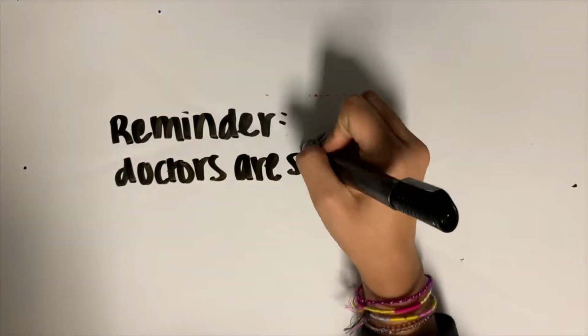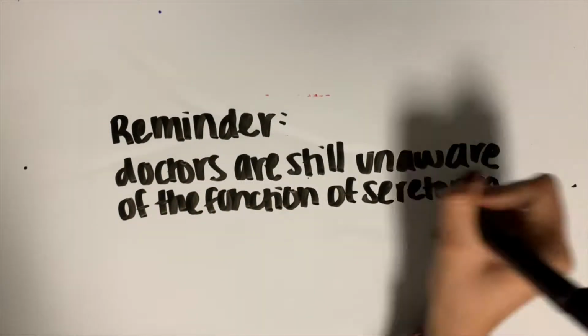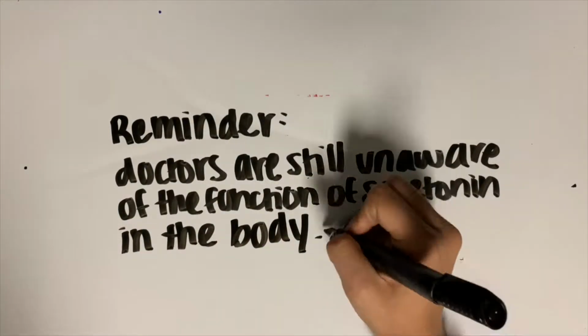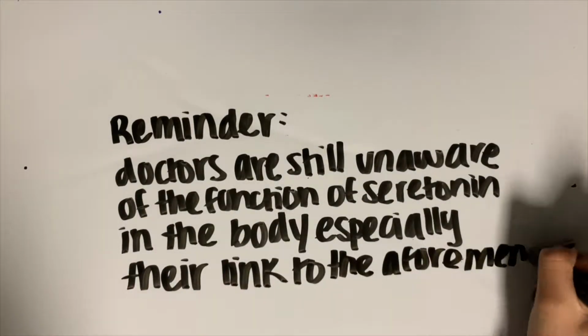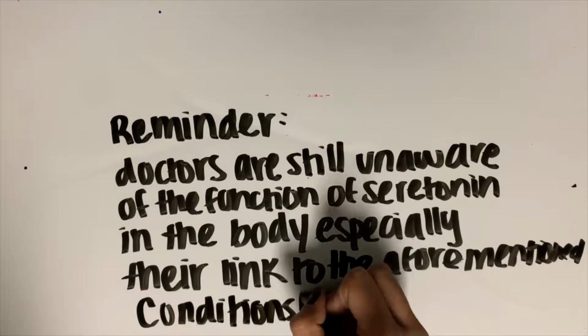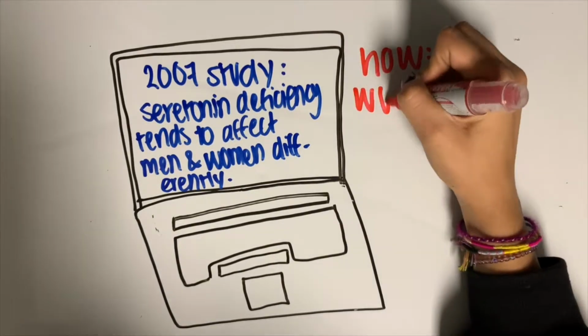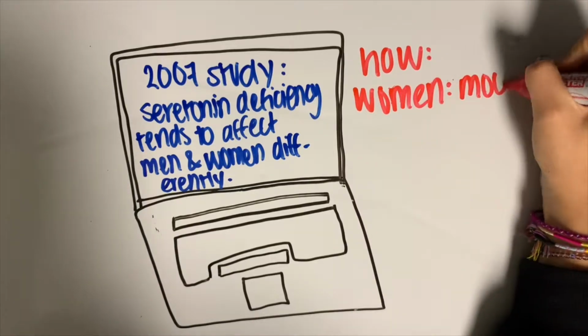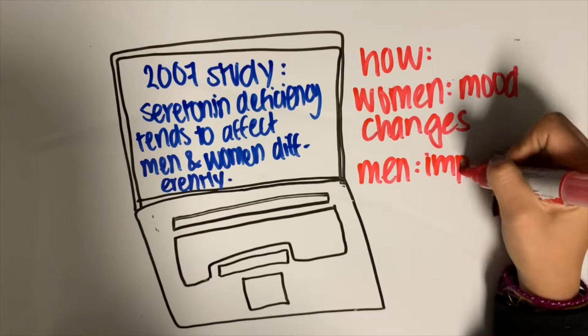Reminder: doctors are still unaware of how serotonin deficiency affects the aforementioned conditions. A study published in 2007 revealed that serotonin deficiency tends to affect men and women differently. In women it changed their mood, and for men, it gave them impulsive behavior.